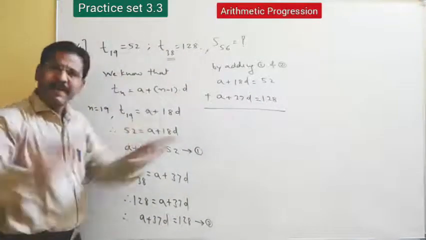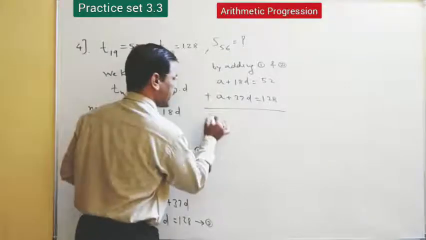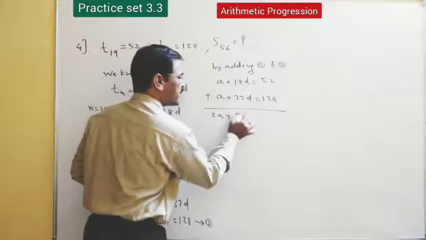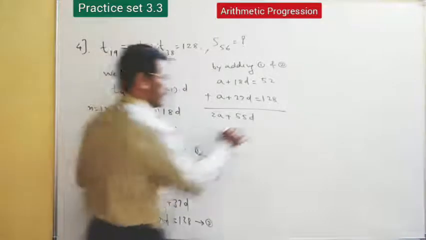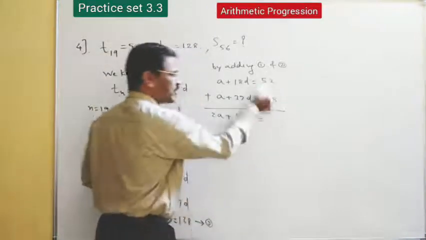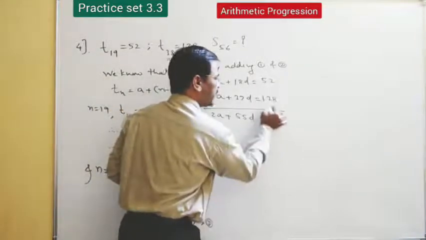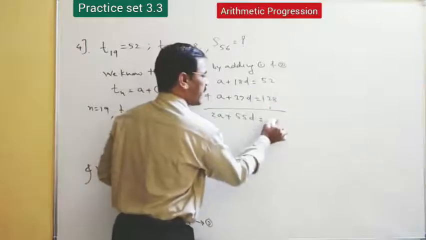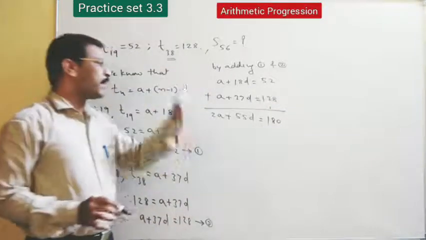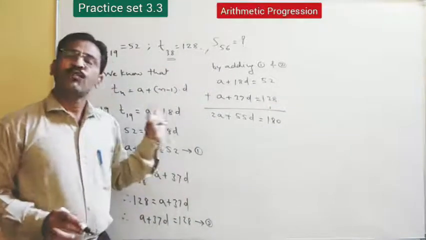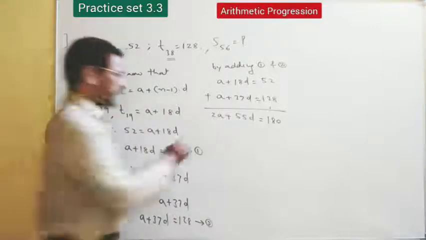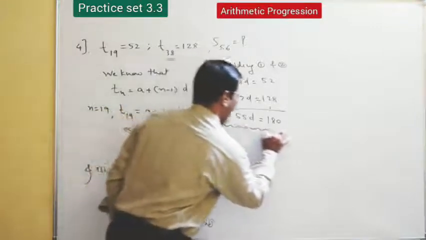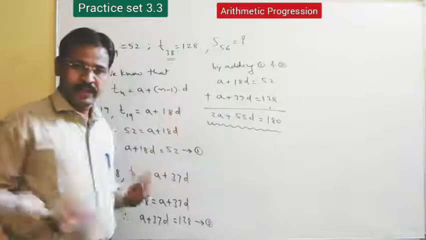Now straight away by adding, what do we get? Look here, A plus A, 2A. Here it is 55D, as we just discussed, is equal to that. Just make the addition here: 2 plus 8, that is 10. 5 plus 3, 8, and this is 1. So 2A plus 55D is equal to 180. Keep this as it is. Let's see what we can get here now.